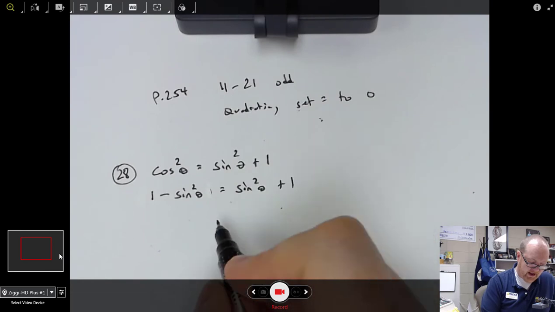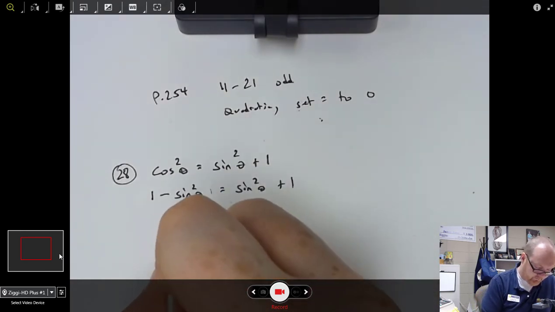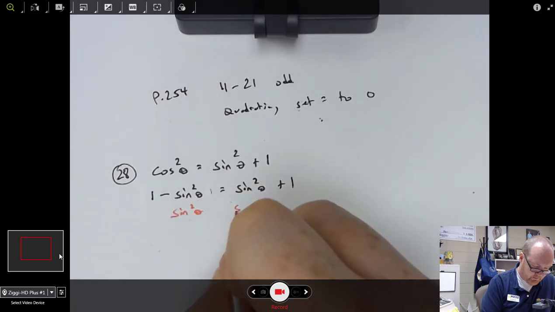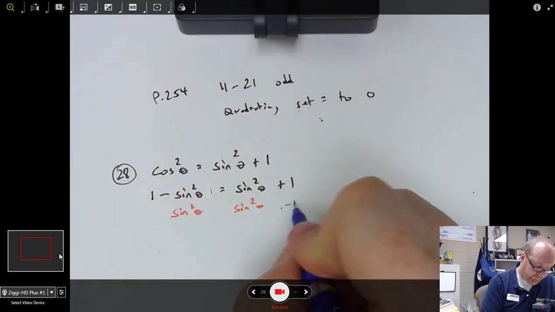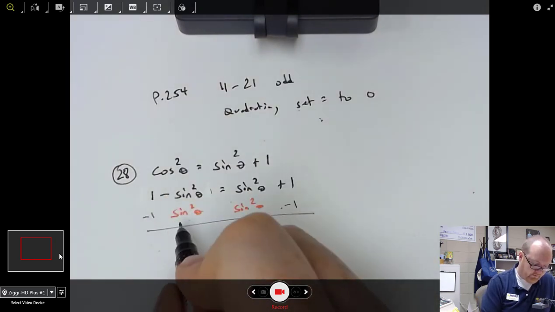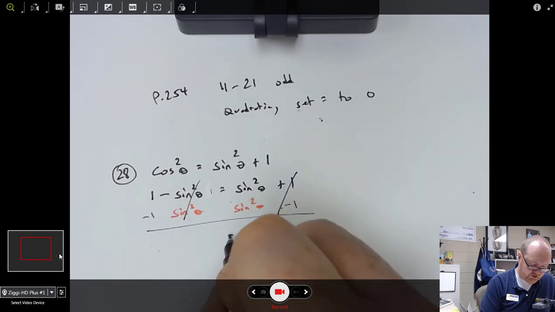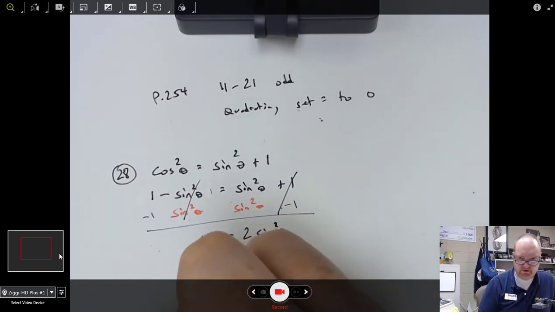And so let me gather up like terms. So maybe I add sine squared to both sides. And maybe I subtract 1 from both sides. So I'm left with 2 sine squared, all equal to 0.